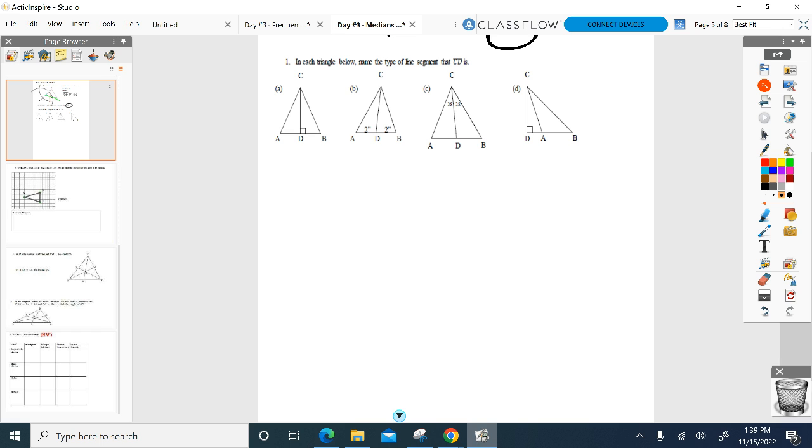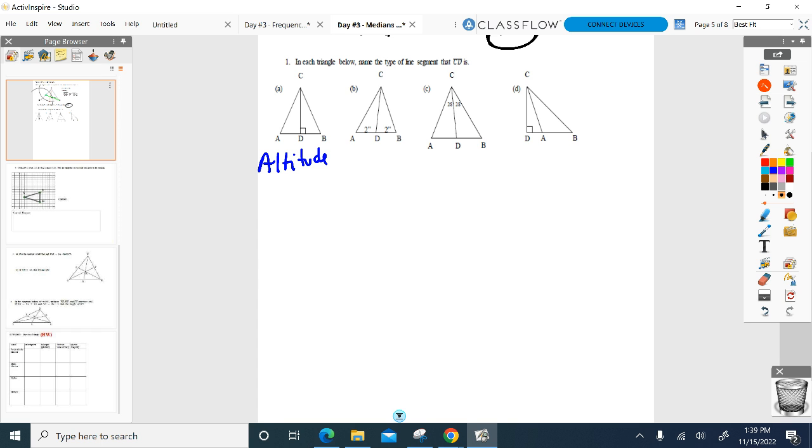Medians go to a midpoint. Do you know that AD and DB are congruent? No, I do not. So it can't be a median, but I do see that it's coming from a vertex and is what to the opposite side here? So that makes it an altitude. Good. Everyone all right? Altitude, perpendicular to the opposite side.